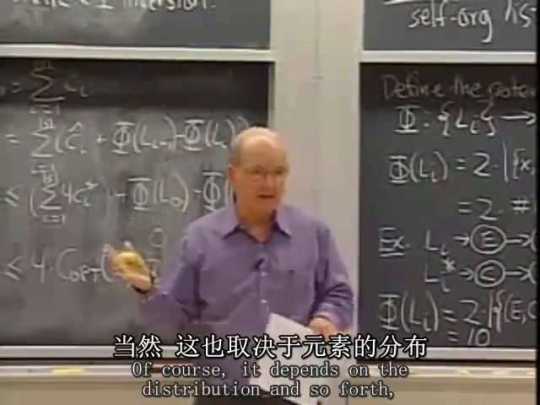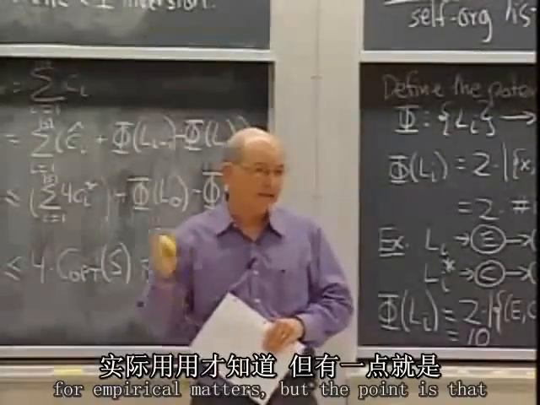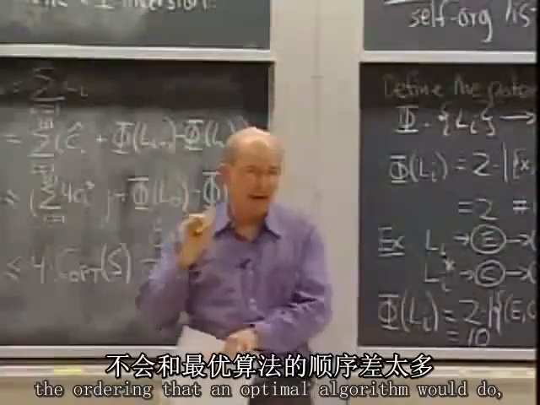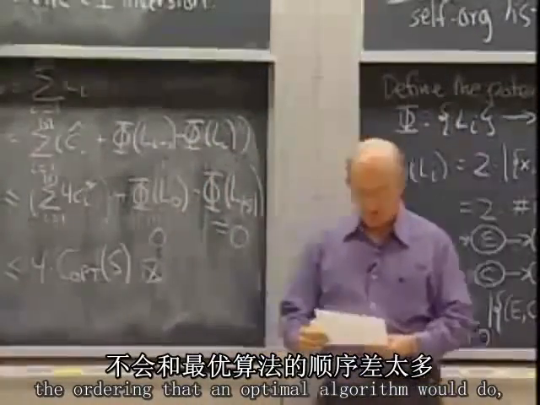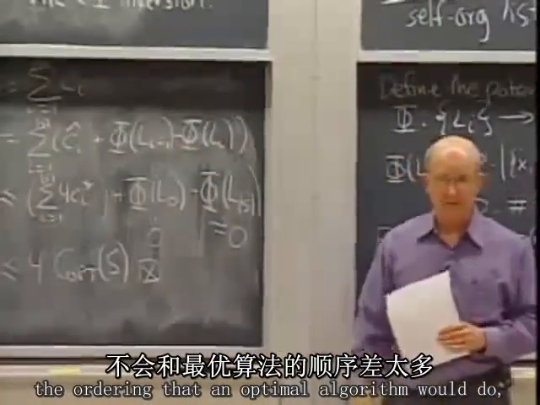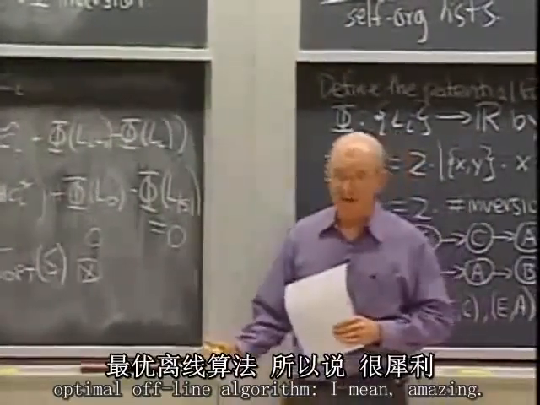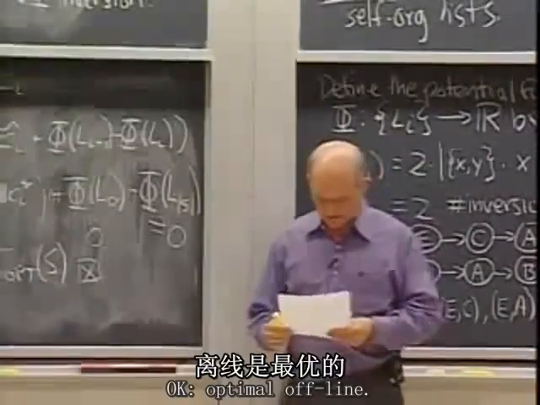Of course, it depends on the distribution and so forth, and on empirical matters. But the point is that you're not going to be too far off from the ordering that an optimal offline algorithm would do. Optimal offline, amazing.